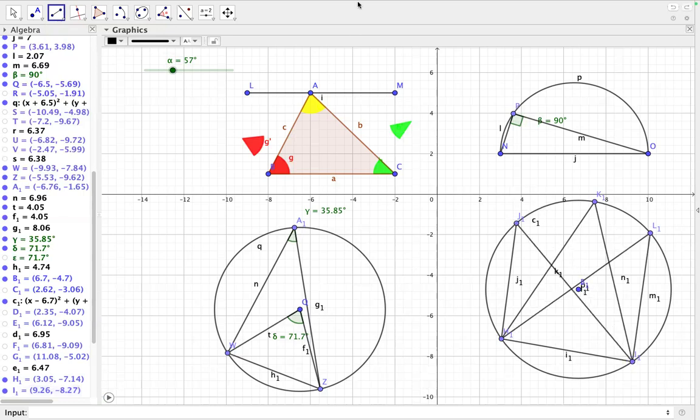Now, the term here comes in after you go to the angle tool, and then we select or find the angle subtended at the circumference of the major sector.